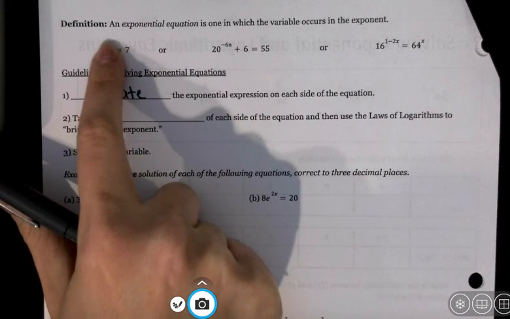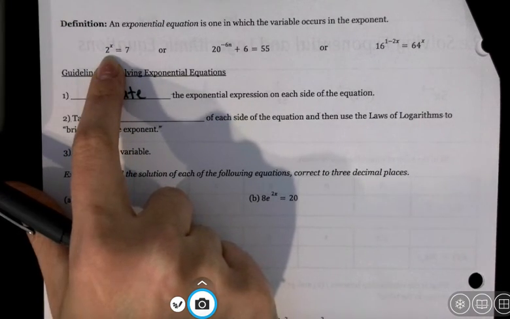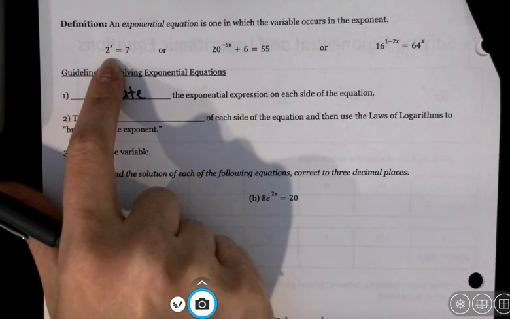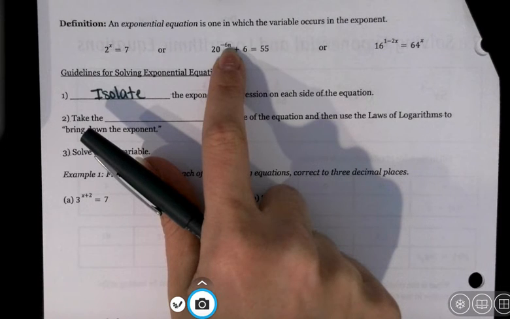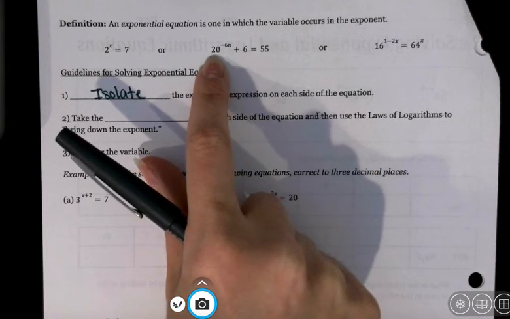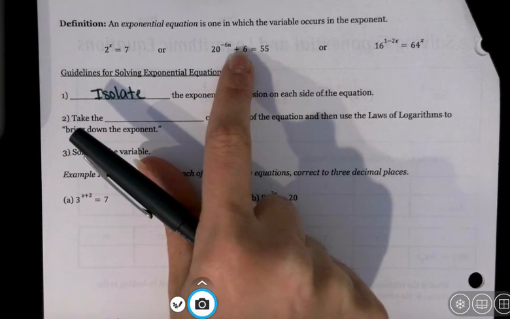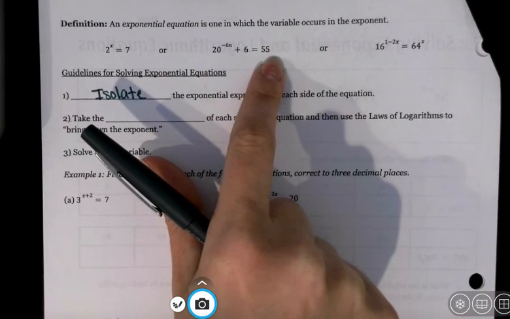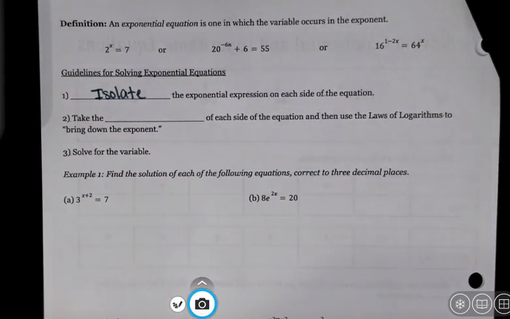I don't want anything with that 2 to the x. So this one is actually already isolated because nothing's near it. If I look at this one, my variable is here in the exponent on the 20, so I don't want anything with this 20. And so this 6, because it's being added, I would have to move first because right now it's not isolated because of that 6. So that's what I mean by isolating it.